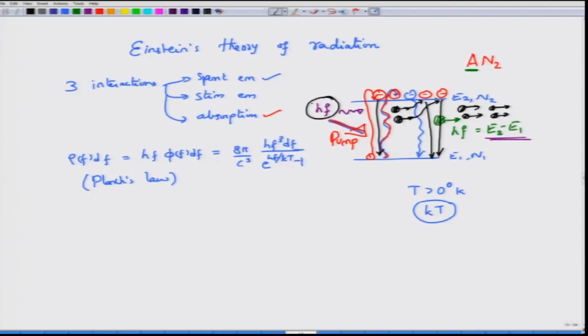As the noise-induced initial photon builds up, this process of emission continues until all of the excited atoms in the energy level E2 have completely dropped down to E1, so as to give you a huge radiation. I am using this big arrow to indicate that the radiated energy, or the number of photons at the output, the optical power or intensity, is quite high.